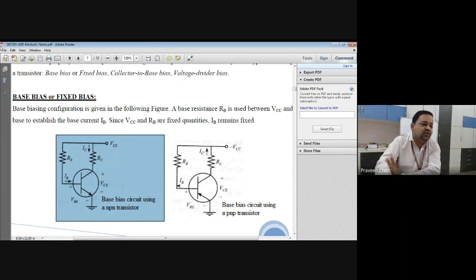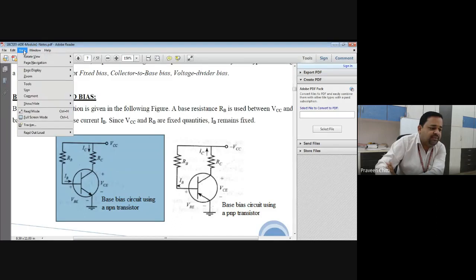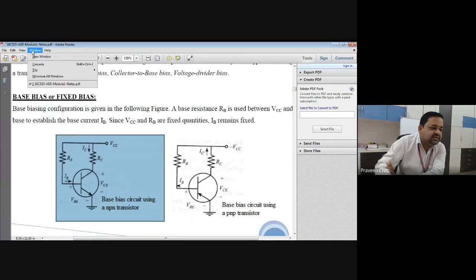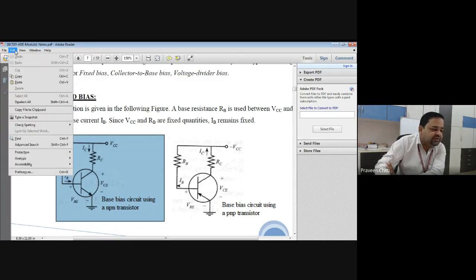By introducing a resistor RB. A high value of resistor RB is connected between the base and the supply VCC. That's why this biasing circuit is called a base bias circuit, and it is also called a fixed bias circuit. Why it is called a fixed bias circuit, you will come to know shortly.